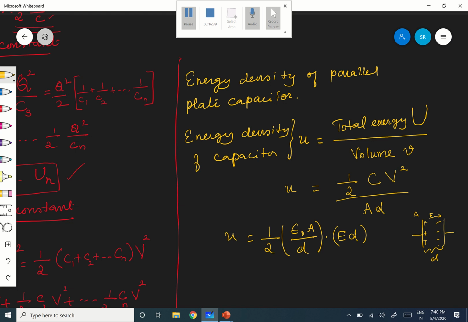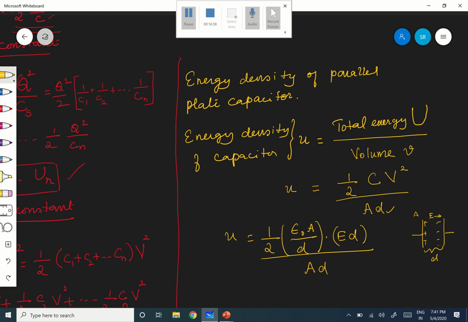E is the uniform electric field in between the plates, D is the distance of separation, divided by AD, the volume.